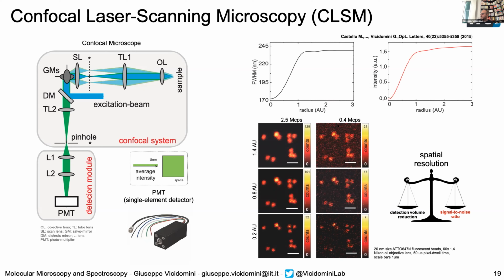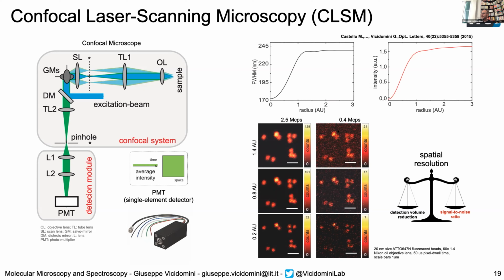So again, if you check the same sample, but using a slightly lower dose of illumination, and this is typical when you want to do live imaging, in which you cannot crank up the intensity of the laser as much as you want.